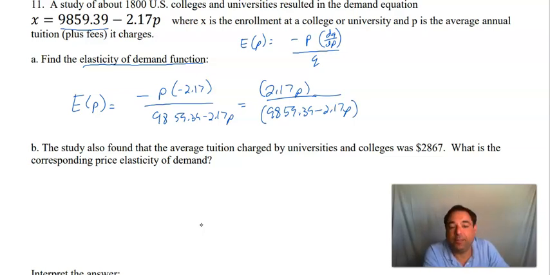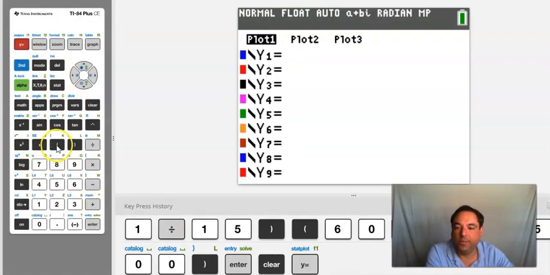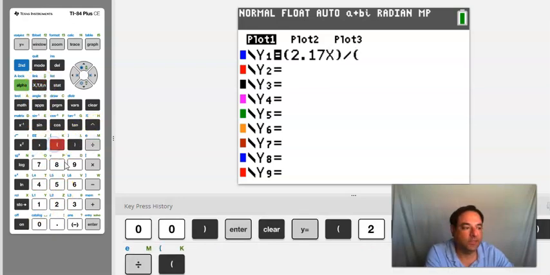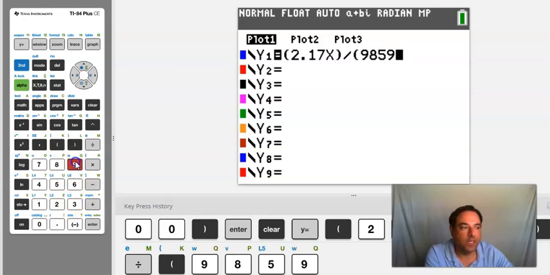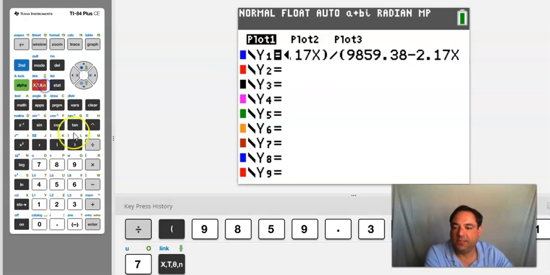Okay, so I want to find out what happens at a tuition price of 2867. So we're going to go to the calculator. I'm going to use the table feature. I go to y equals, put parentheses 2.17x, close parenthesis, divided by parentheses 9859.39 minus 2.17x.